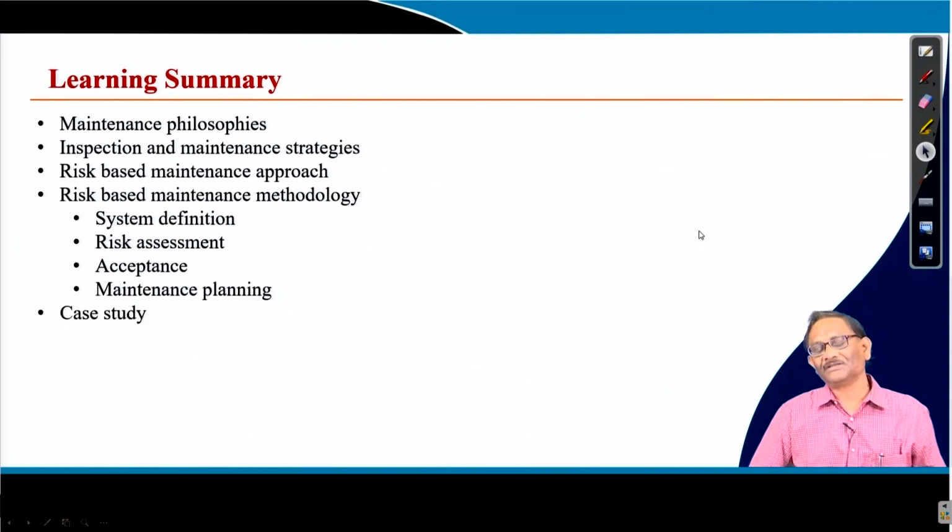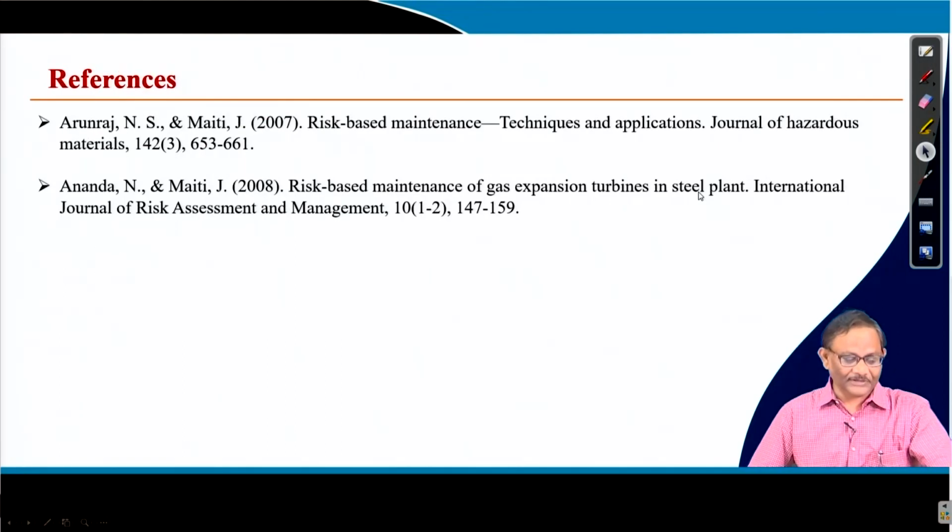Condition based maintenance is highly practiced and fine, but you cannot go for condition based maintenance on all equipment, so this kind of data driven assessment helps. And at the same time, you have to understand the contribution of maintenance in terms of reduction of probability of failure.